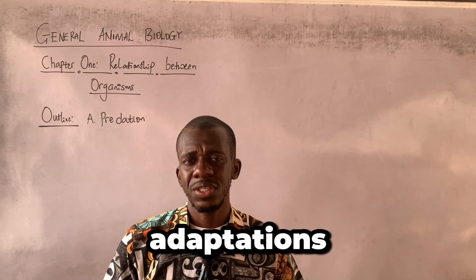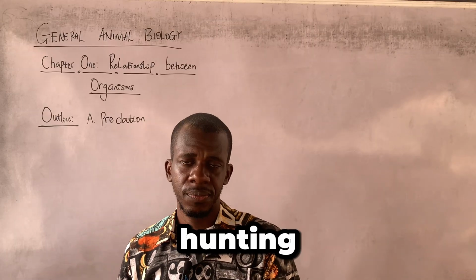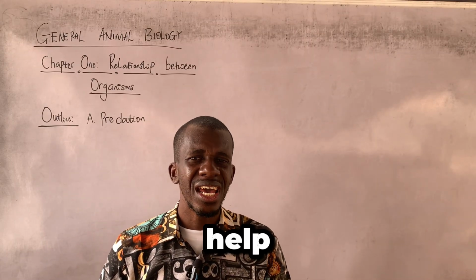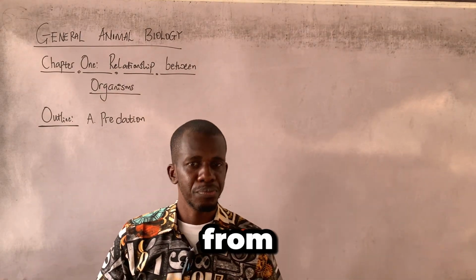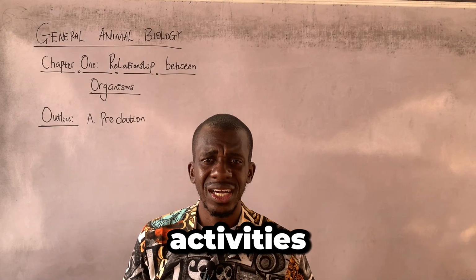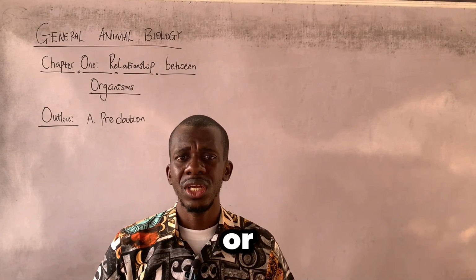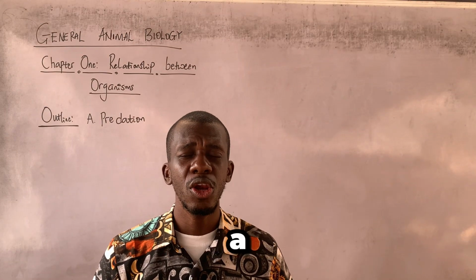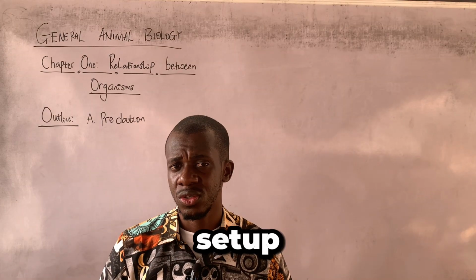Okay, adaptations that predators possess that help their hunting, and the adaptations that prey possess that help or guarantee their safety or their escape from predators. You see that? Now, all of these activities and relationships in the community or in an ecological setup go a long way to determine a lot of things in that particular ecological setup.